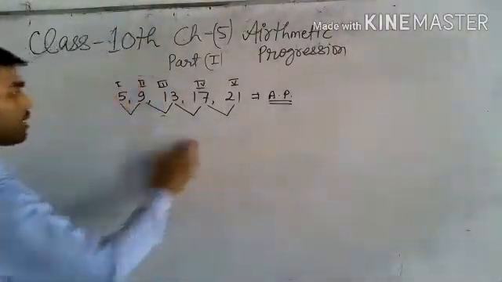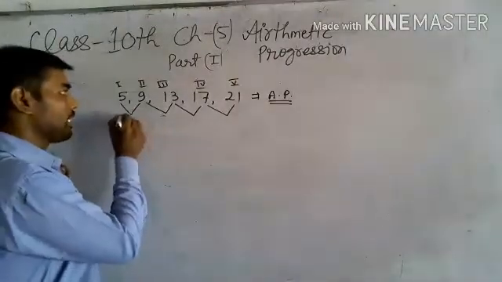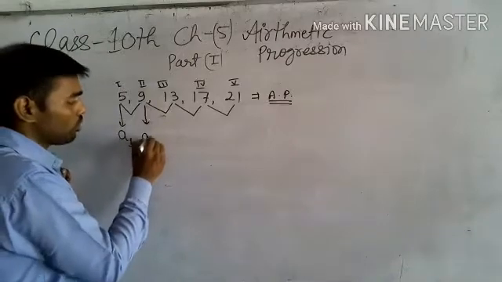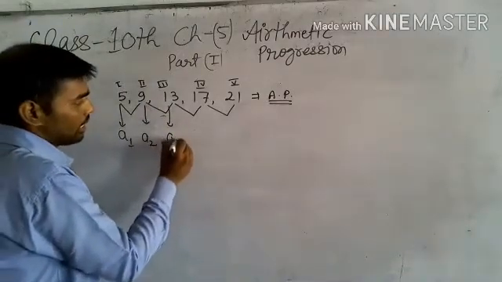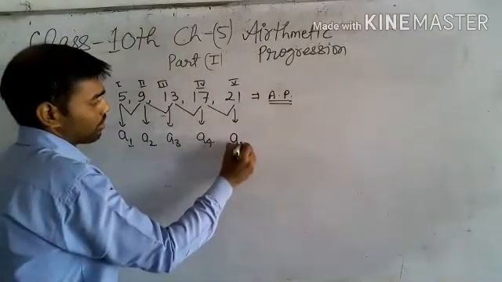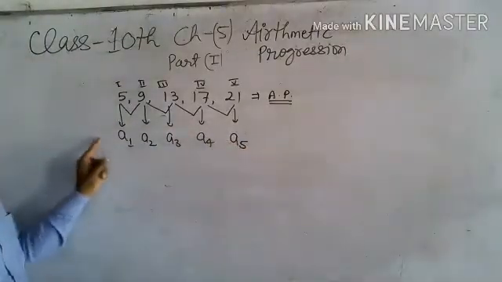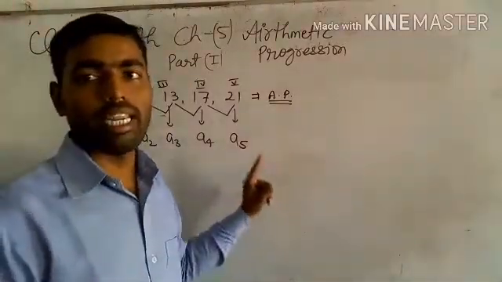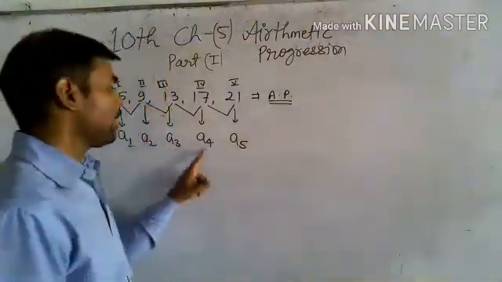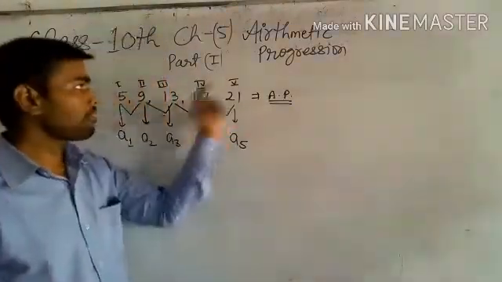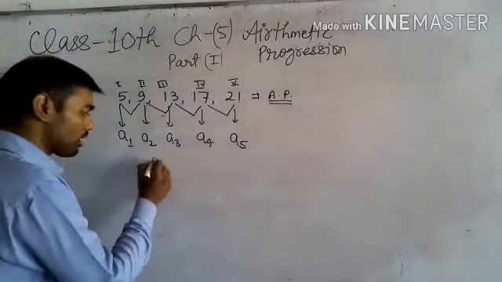Now, the first term is indicated by A1. The first term is indicated, this is A1, this is A2, this is A3, this is A4, this is A5. This is the indication of numbers: A1 means first term, A2 means second term, A3 means third term, A4 means fourth term and A5 means fifth term. And now D, what is D equal to?